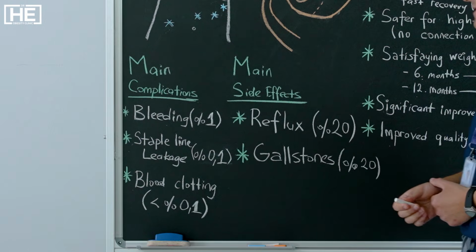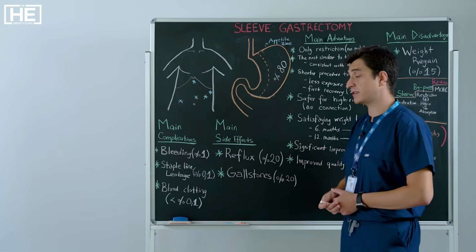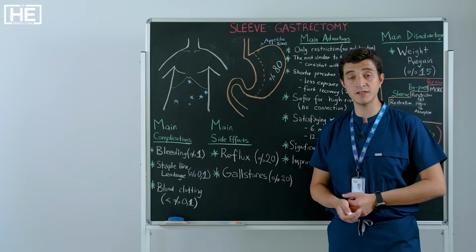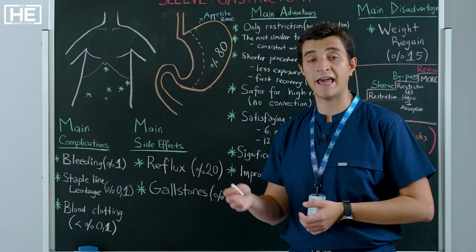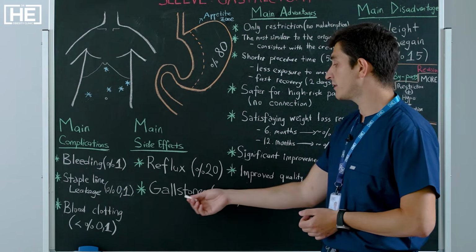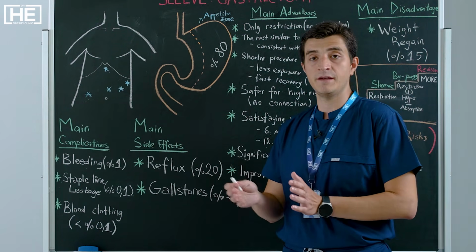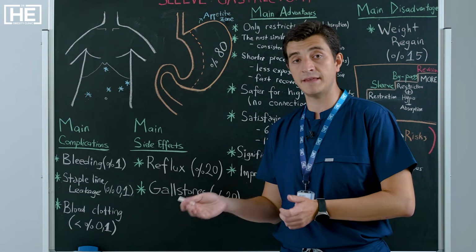The second main side effect, gallbladder stone formation, can be seen after the surgery in 20% of the patients. But I want to admit that other procedures like bypass have a higher risk of gallbladder stone formation because of the metabolic effects and some absorptive problems in the intestine.